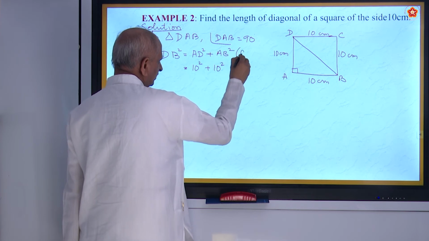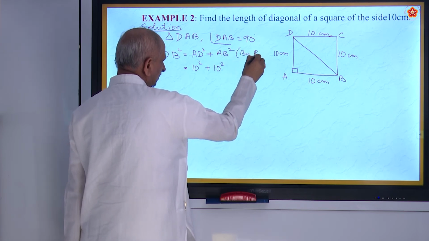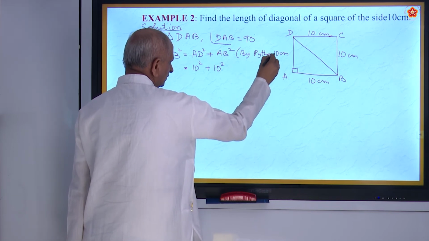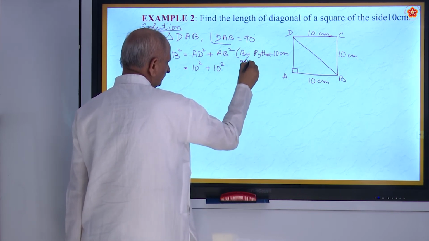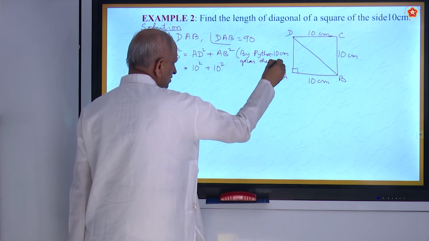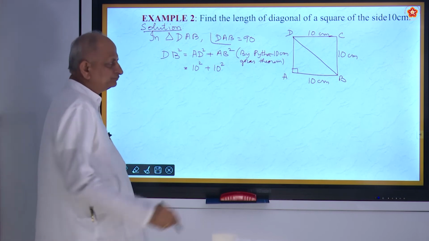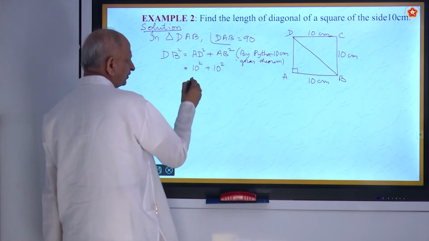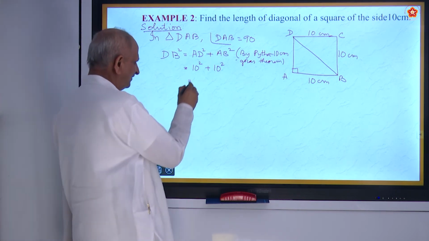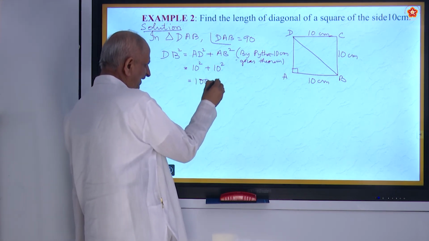So here you have to give the reason: by Pythagoras theorem. Note down. You take it down. Okay. So 10 square plus 10 square. What is 10 square? 100 plus 100.